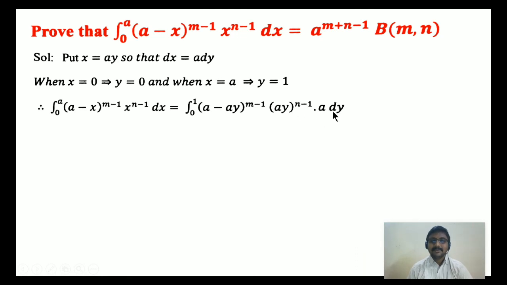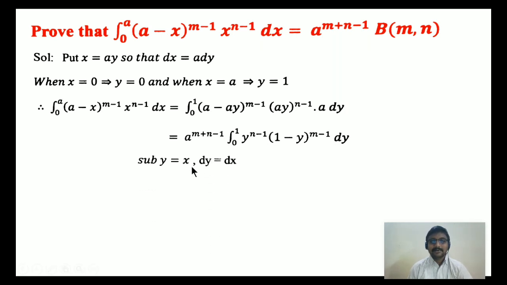And the new limits, 0 to a, now become 0 to 1. Now simplifying by taking out the common a, that is a power m minus 1 into a power n minus 1 into a, that is a power m plus n minus 1. So taking out the common a power m plus n minus 1.